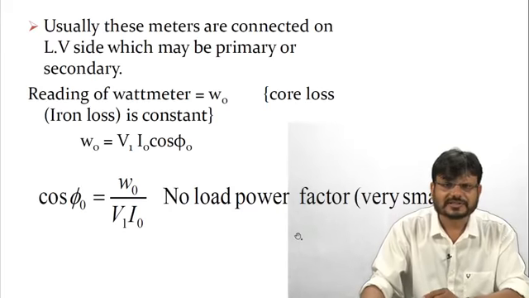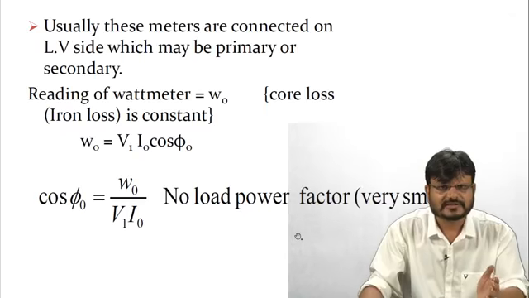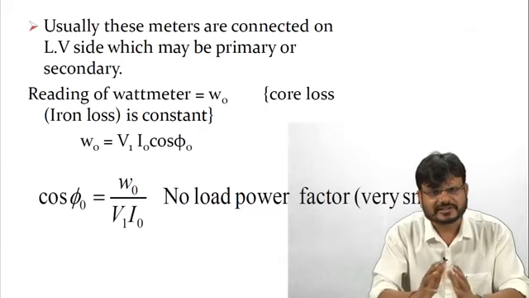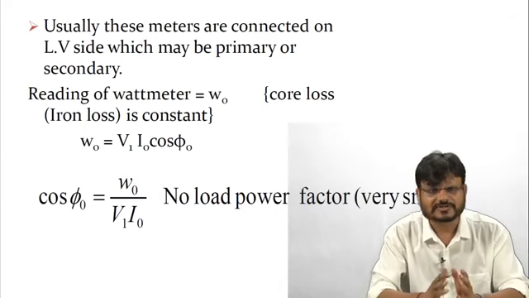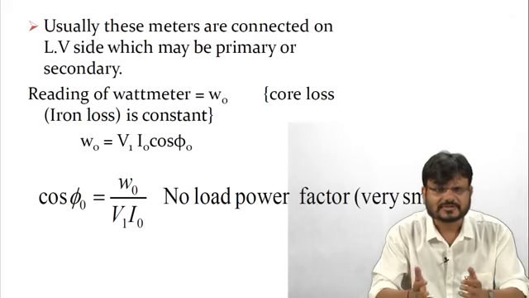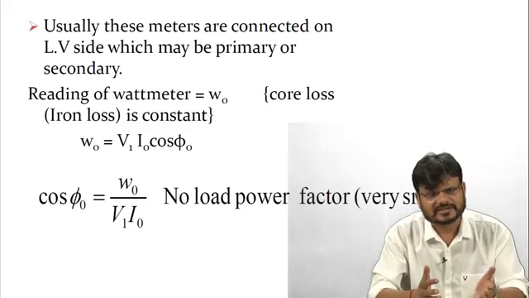Usually these meters are connected on the low voltage side, which may be the primary or it may be the secondary, right? Basically primary and secondary windings are named on the basis of use. Suppose you are using a step up transformer, then the primary winding is the low voltage side and the secondary is the high voltage side.